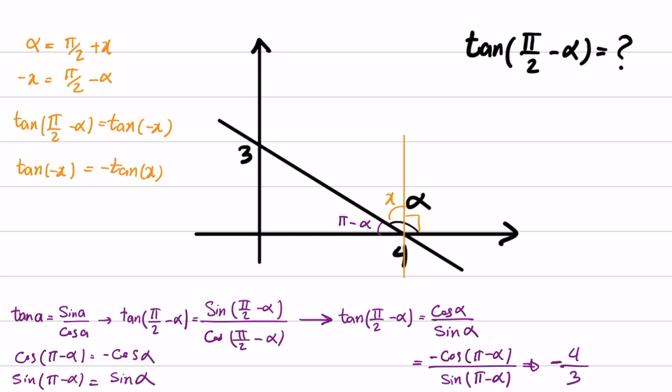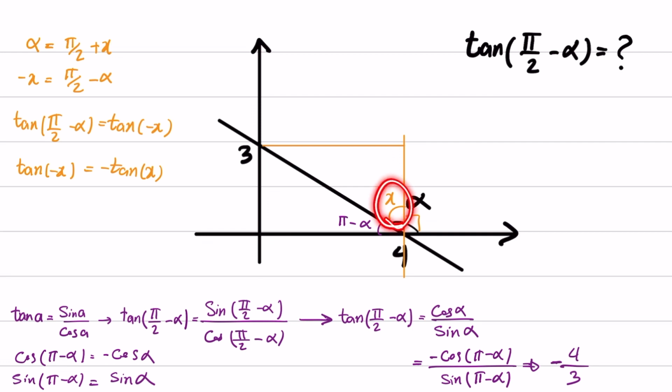In order to find the value of tangent x, I'm going to draw an altitude from this point to this line, and I have another right triangle here for which I can obtain tangent, and from the trigonometric relations we know that tangent is equal to opposite over adjacent.